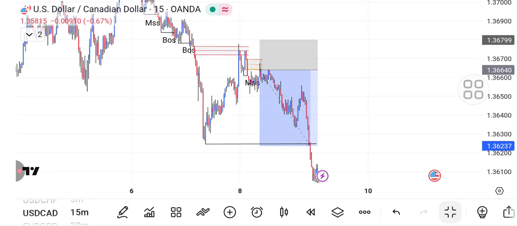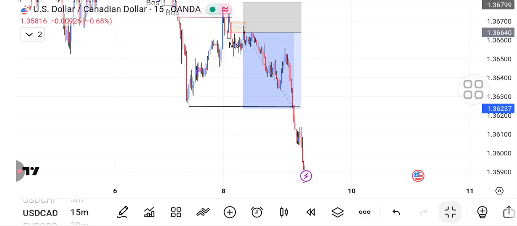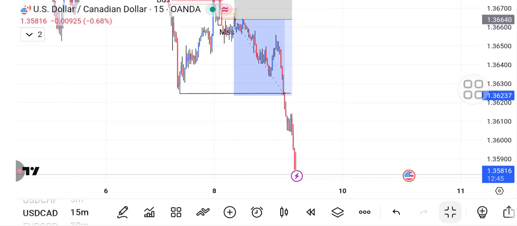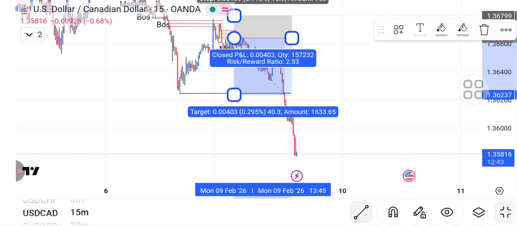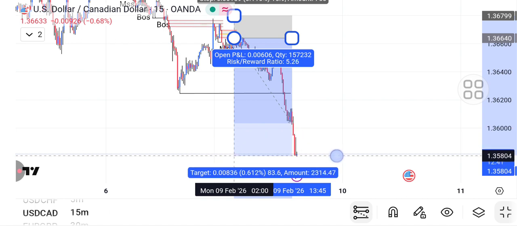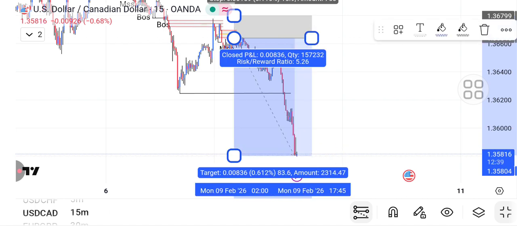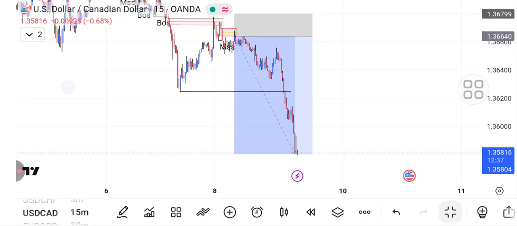So take some good simple trades and you chill, you call it a day. So that's how I came up with those trades. So now it's running over 83 pips, which is 1 to 5. Now it's 1 to 5.